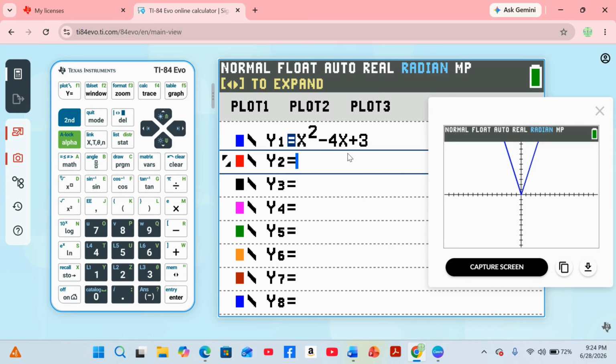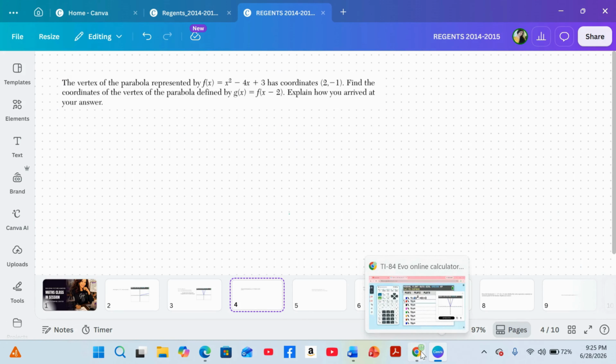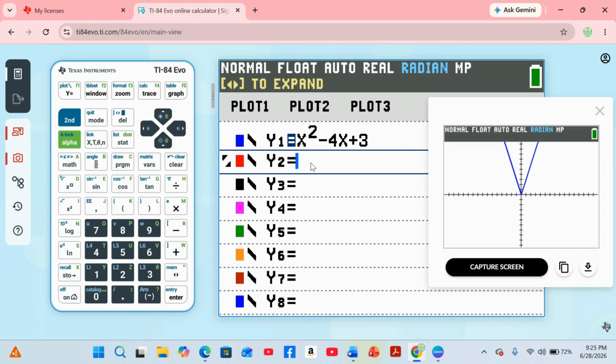The other one will be parabola 2, g of x equals f of x minus 2. So anywhere we see x, we'll just put x minus 2.